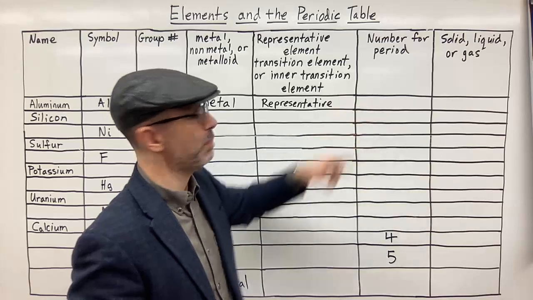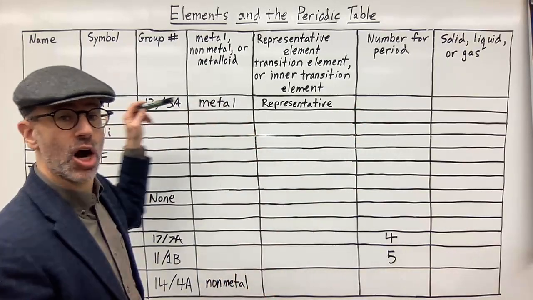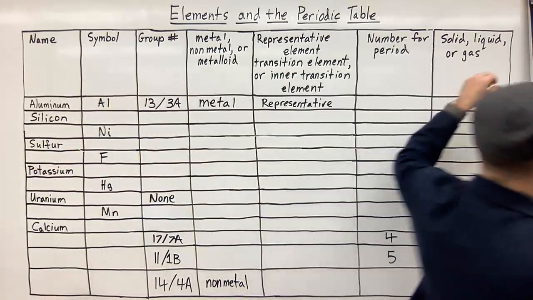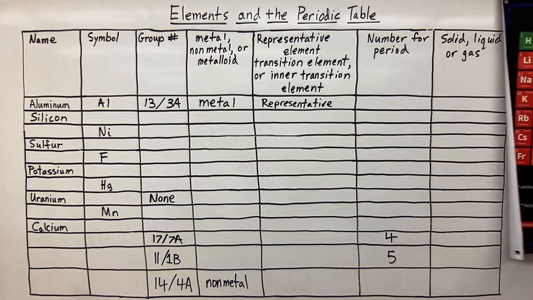And the number for the period. So what period is it in? Again, the periods are the rows. The periods are the rows. So if you count the periods, so let me bring this over again.